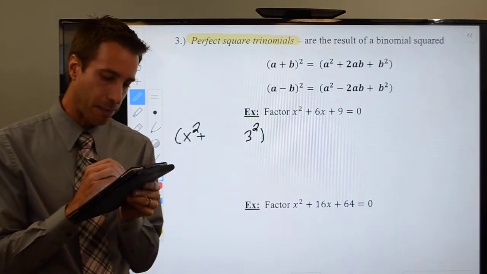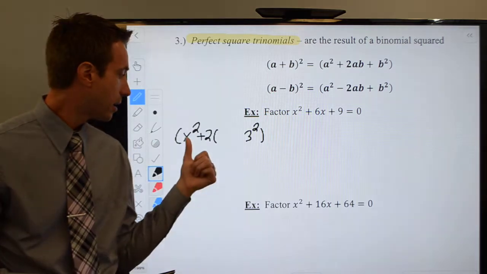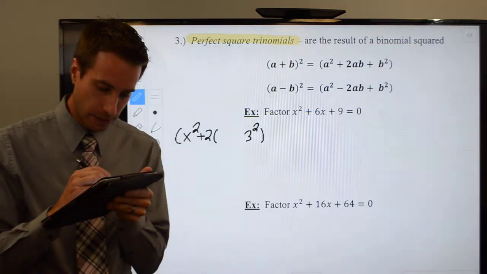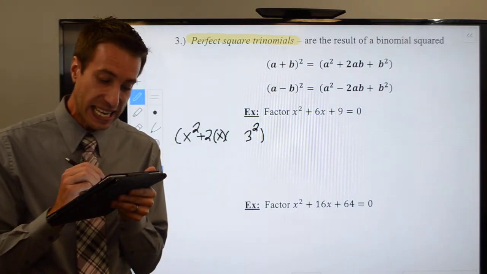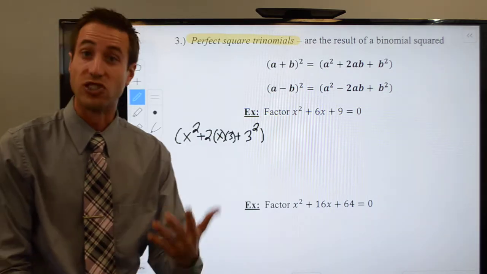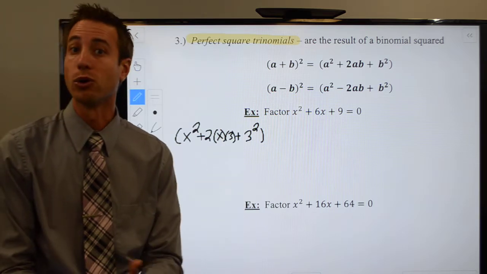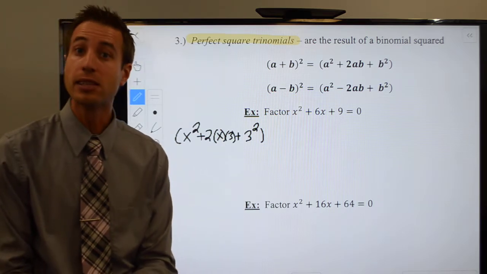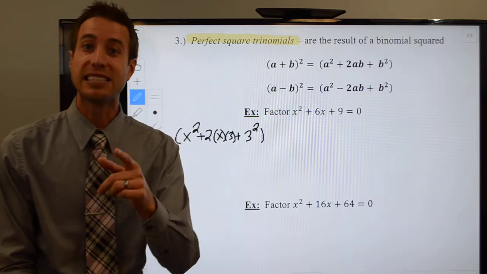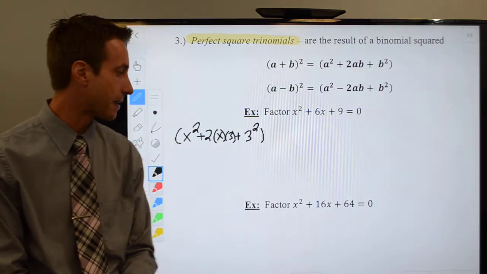Okay, great. Well, I got my plus 2 times a. A is an x. B is a 3. Does it work? 2 times x times 3? Well, 2 times 3 is 6. 6 times x would be 6x, which is exactly what I was given.